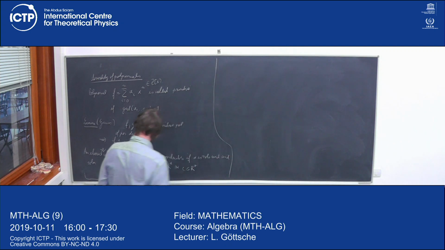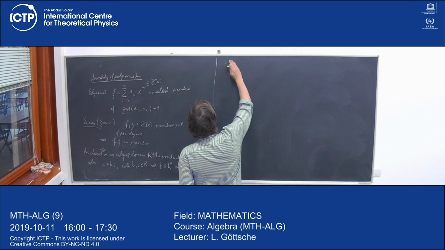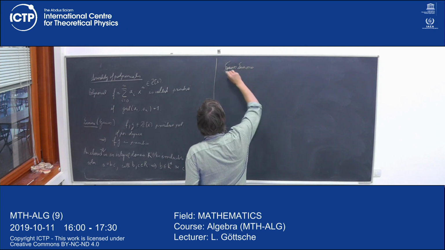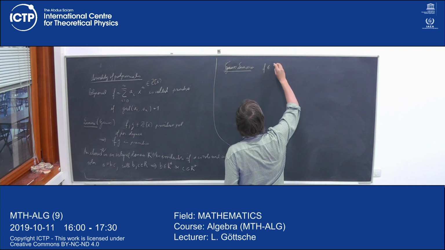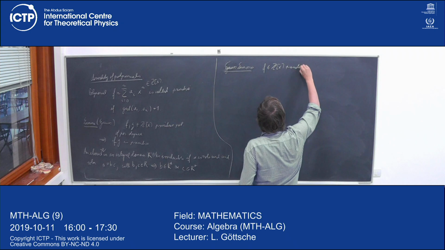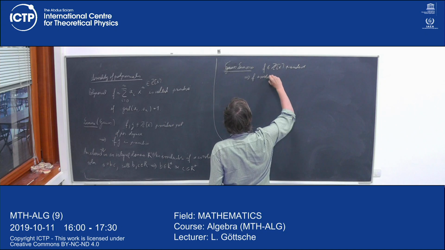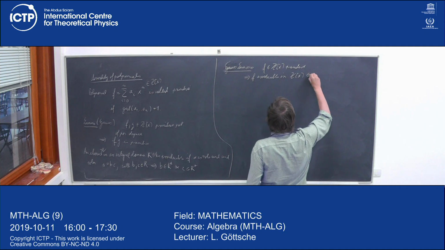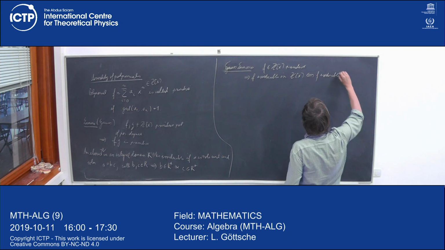Okay, and so with this definition we find this other lemma, Gauss's lemma: if f in Z[x] is primitive, then f is irreducible in Z[x] if and only if f is irreducible in Q[x].